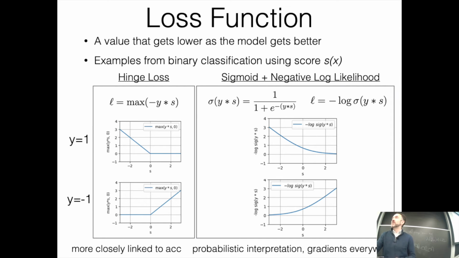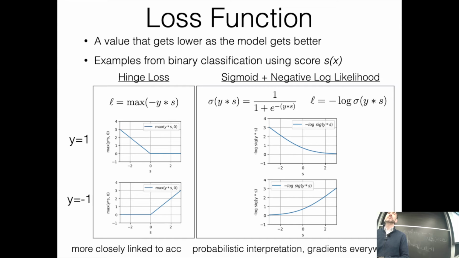I'm going to give two examples from binary classification. Both of these are used in NLP models reasonably frequently. There are a bunch of other loss functions, but these are the two major ones. The first one, which is actually less frequent, is the hinge loss. And the second one is taking a sigmoid and then doing negative log likelihood. For the hinge loss, we take the max of the label times the score that is output by the model, and 0.